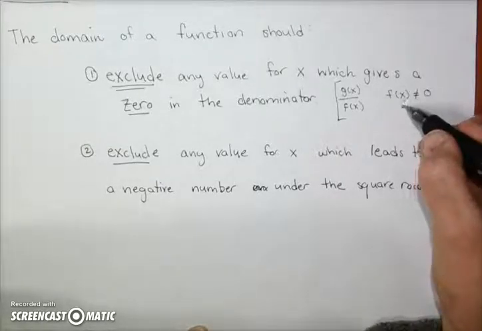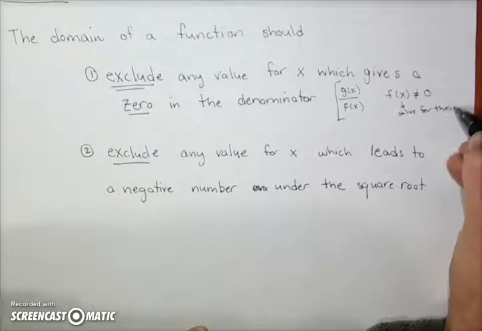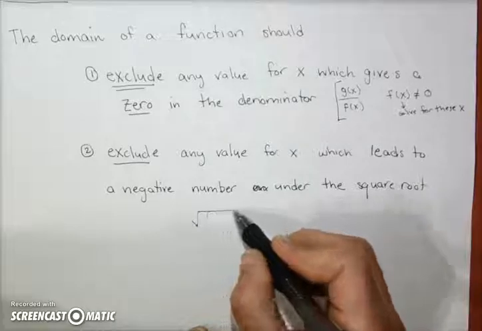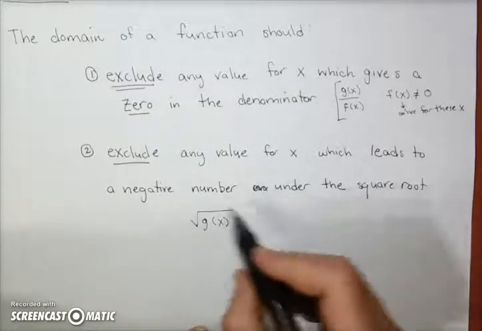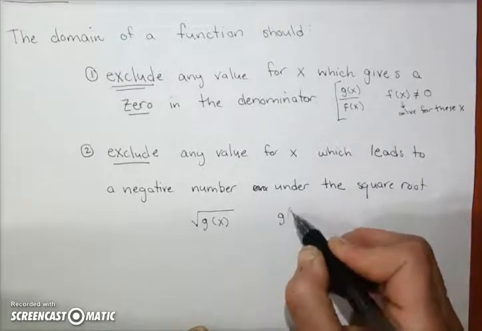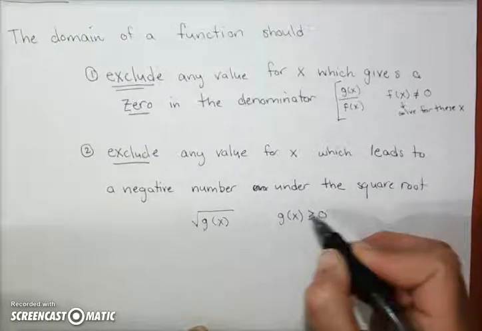And you just would solve for these x's. Also, if our function is under a square root sign, then we can't have it be negative. So we want to figure out all the values for x which make g of x greater than or equal to 0.